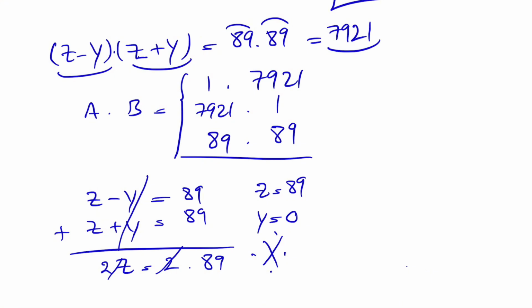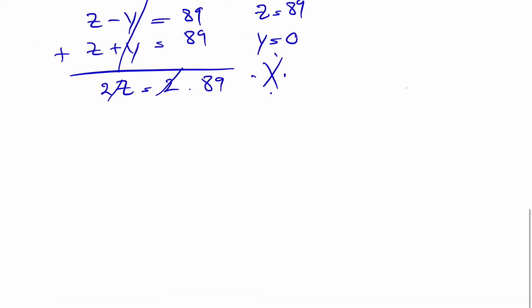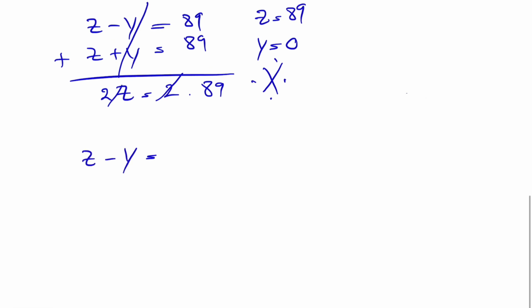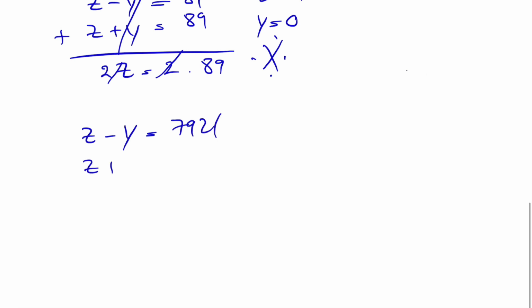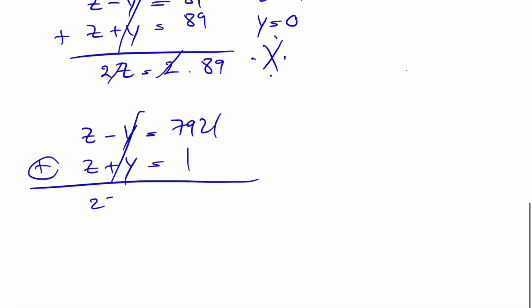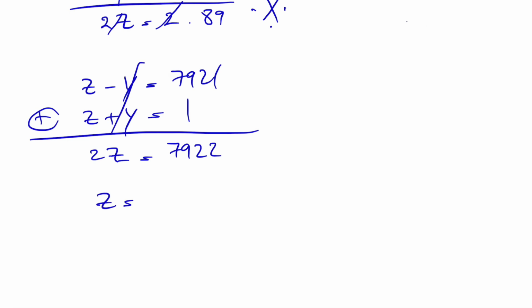So that does not work. Let's go with the other one. z minus y is equal to 7921, and z plus y will be 1. If we add these two again, 2z is equal to 7922, and if we divide that by 2, we get 3961.